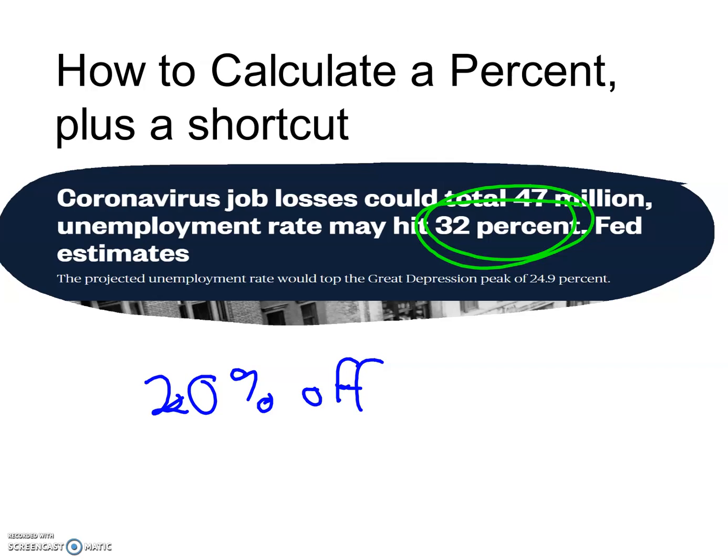Well, in the previous video we learned that percent really means per hundred. So if you look at say 32% unemployment, what you really mean is 32 out of every 100 people are unemployed. Well, the big question comes up, how do you calculate 32% of say a certain number?